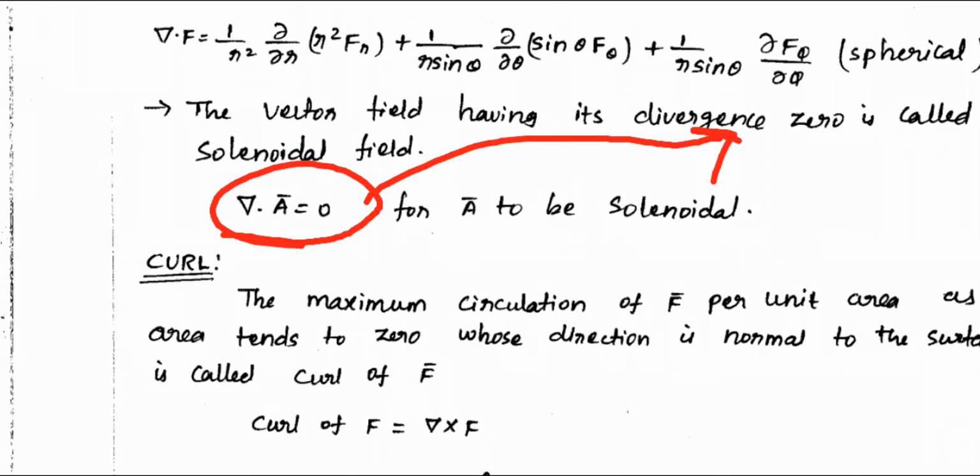The divergence is 0. Once the divergence is 0 for a vector, it is called a solenoidal field. For any field, if the divergence of the field is 0, that particular field is called a solenoidal field. Del dot vector is equal to 0.